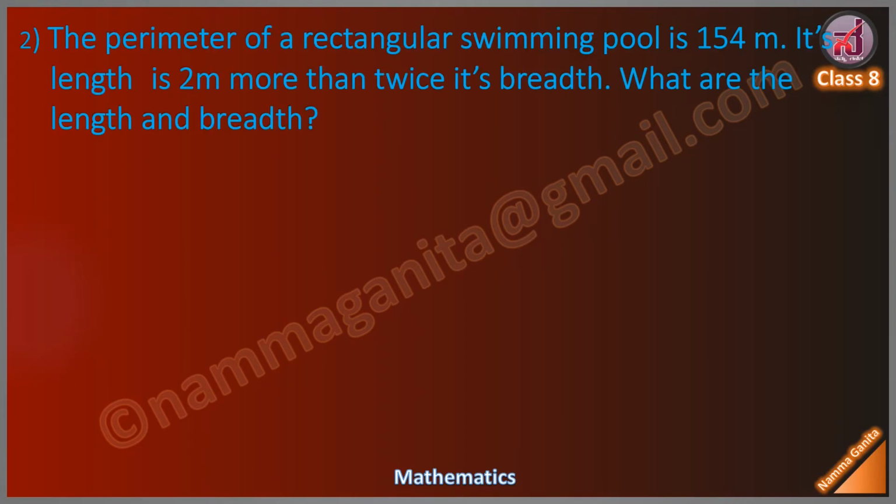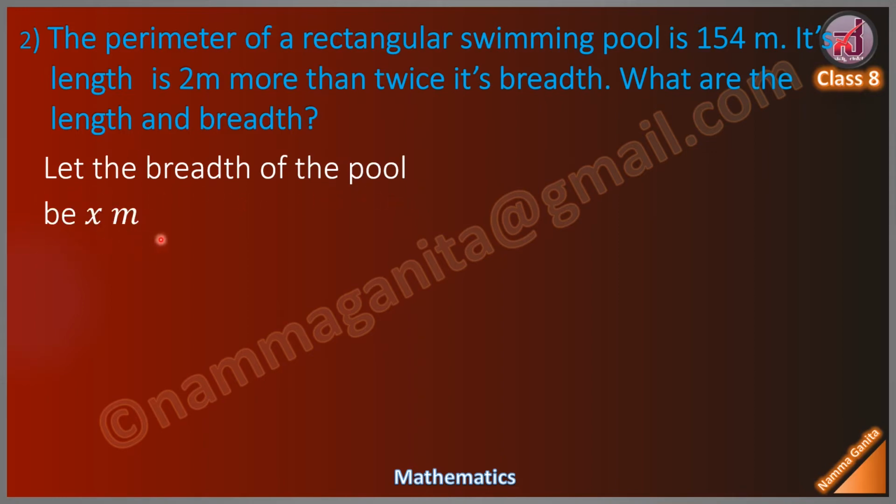Consider the second question. The perimeter of a rectangular swimming pool is 154 meters. Its length is 2 meters more than twice its breadth. What are the length and breadth? Solution. Let the breadth of the pool be x meters.